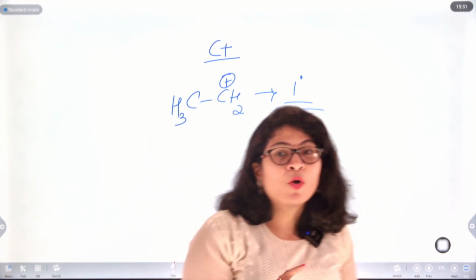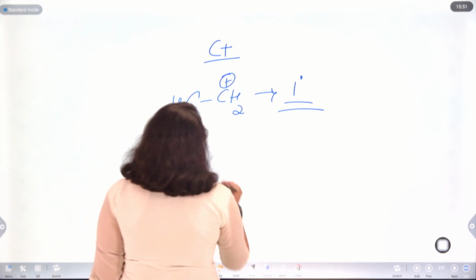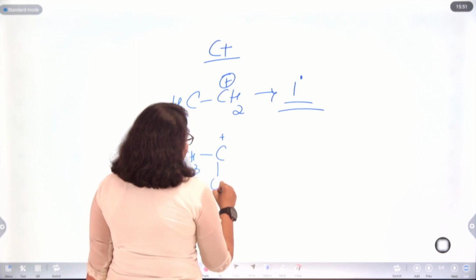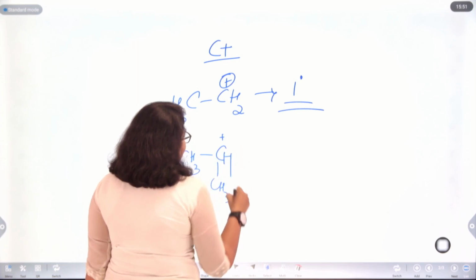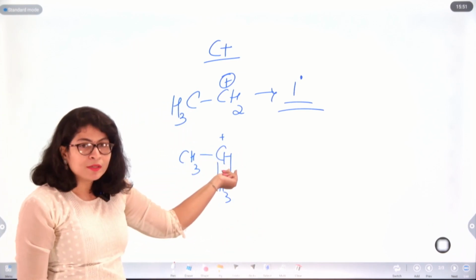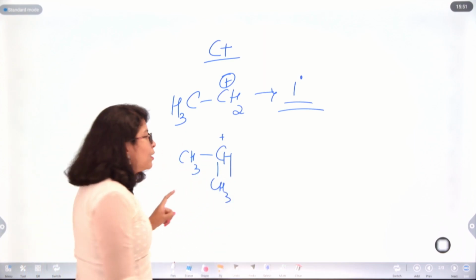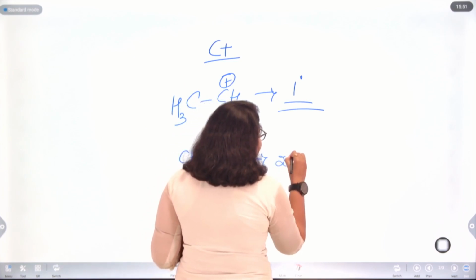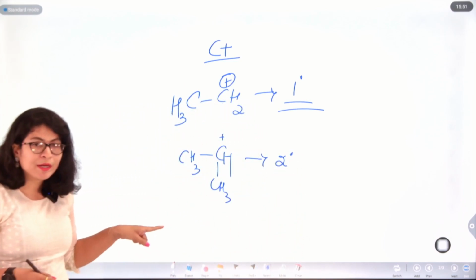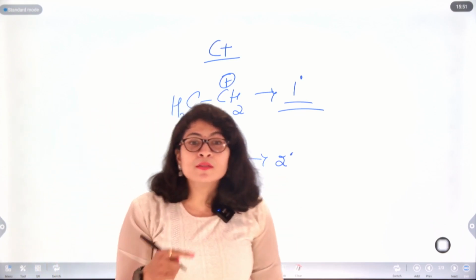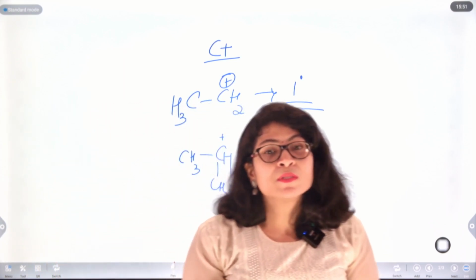If the carbon is bonded to 2 other carbon atoms, for example, here this carbon atom is under study and it is bonded to 2 other carbon atoms, then its degree becomes 2 degree. I can call it a 2 degree carbocation. If the carbocation under study is bonded to 3 other carbon atoms, then it becomes 3 degree.